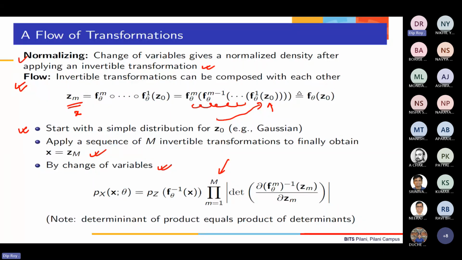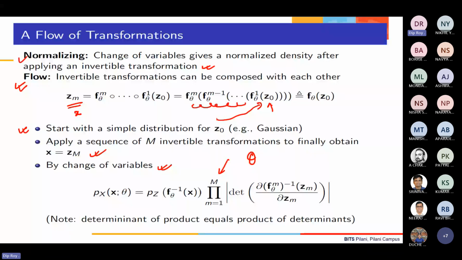So it is the product of the determinant of the Jacobian of the inverse transformation. And one thing you need to know is that the parameters of each of these layers are going to be different. And theta, when we say theta here, is nothing but a union of all the parameters. So this is the core concept for flow models.